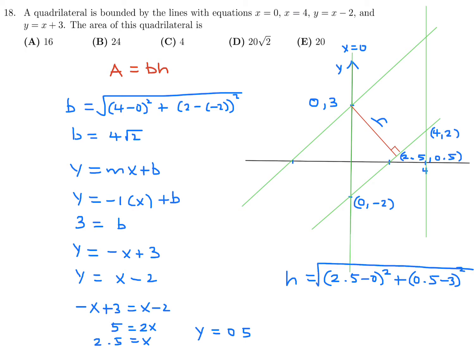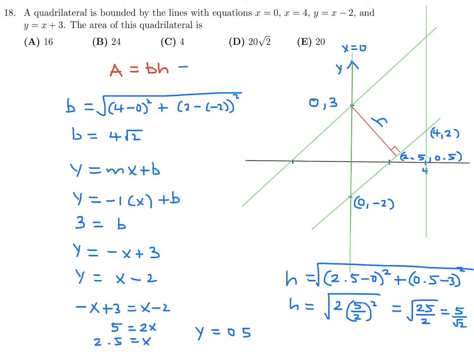And that's going to be under the square root sign, so that's going to be 2.5 squared plus 2.5 squared. So that is 2 times 2.5 squared, so 5 over 2 squared like this under the square root. So it's really 25 over 2 square root, which is 5 over root 2.